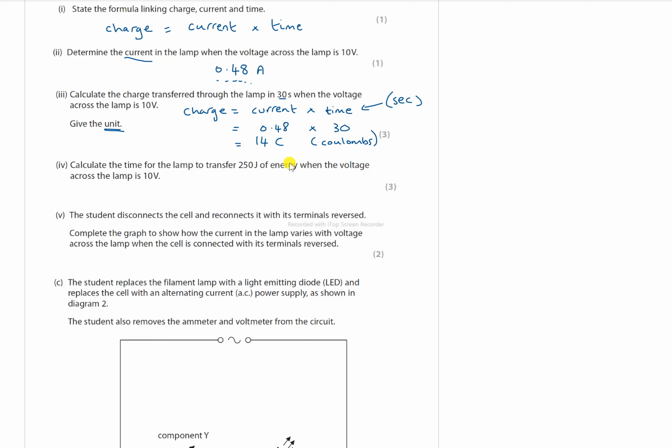Right, calculate the time for the lamp to transfer 250 joules of energy when the voltage is 10. So there's a formula which we've got, which is E equals energy equals voltage times current times time, VIT.